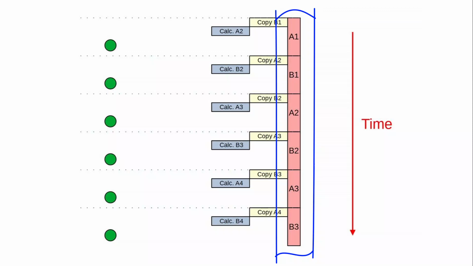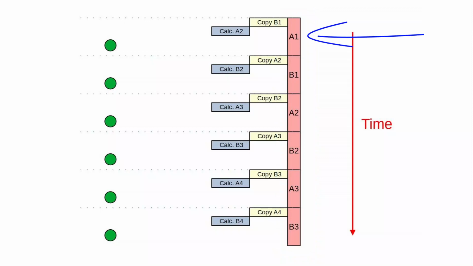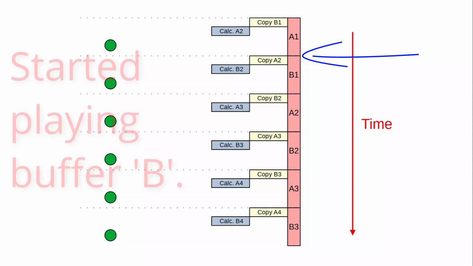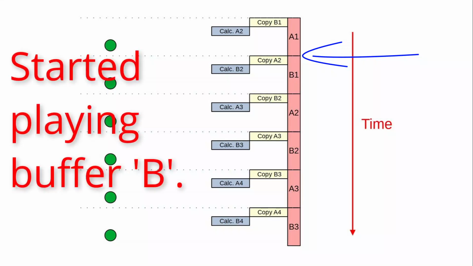So this is the light red column here, and with time down, so it's outputting buffer A number 1, B1, A2, B2, A3 and B3. The numbers just identify the contents of the buffer. When it gets to the end of a buffer, so for instance here it's finished A1 and started B, that means buffer A is available to be refilled.